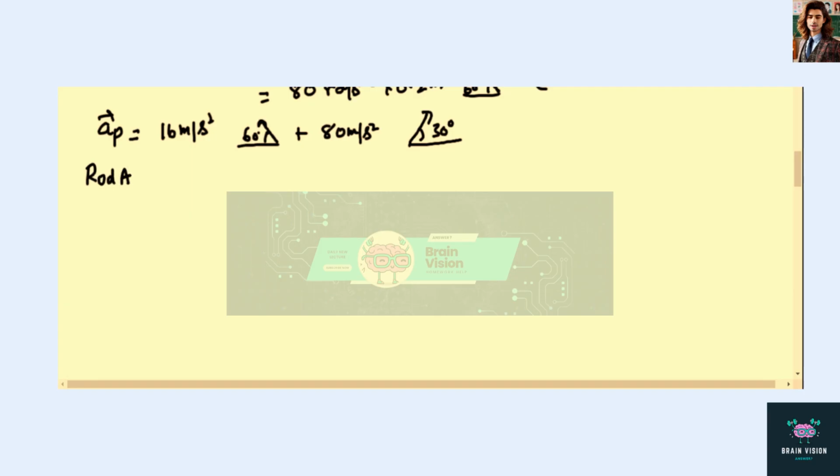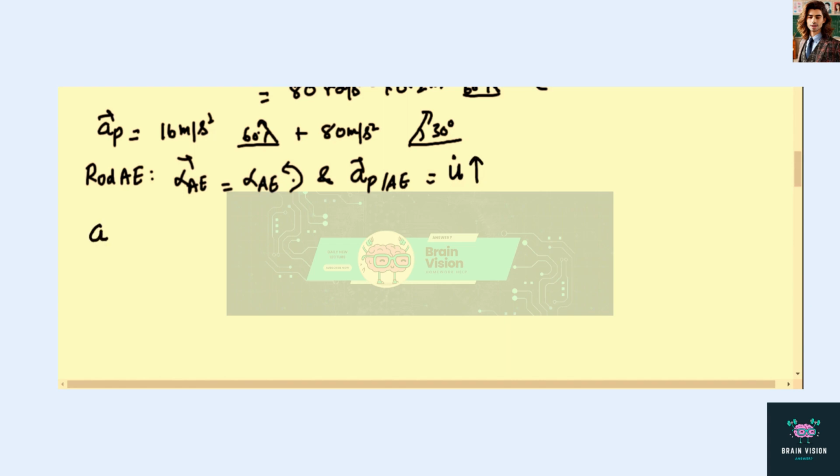Rod AE. Angular acceleration of AE is alpha AE in counterclockwise direction, and acceleration of P with respect to AE is derivative of U in upward direction.